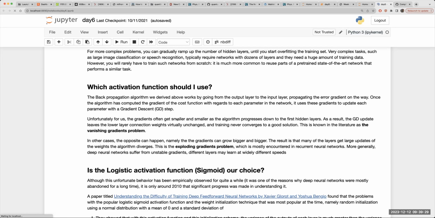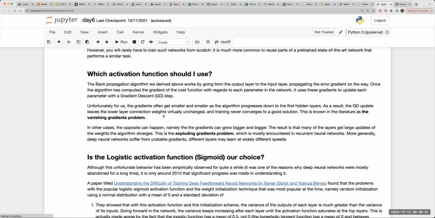So one of the problems which you face is that of vanishing gradients, and the other problem is that of exploding gradients. This is something which we will see a little bit later when we come to recurrent neural networks.